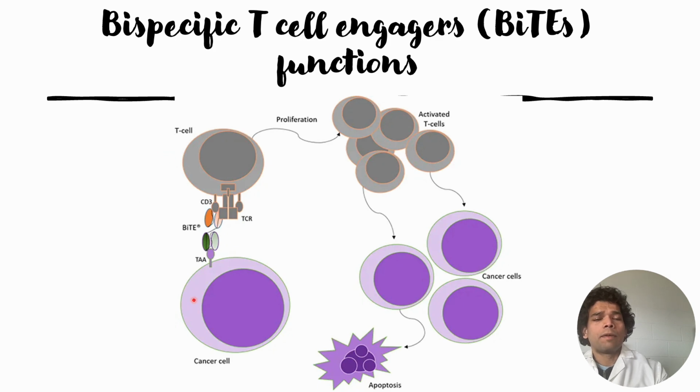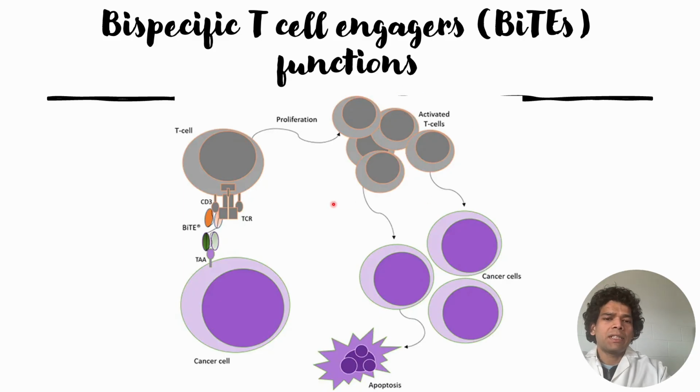Just the interaction of the BiTE with both T cells and cancer cells simultaneously will trigger activation of the T cells, and this activation will result in proliferation of the activated T cells, because once the T cells are activated through the tumor associated antigens, it is the natural phenomenon to make more activated T cells.